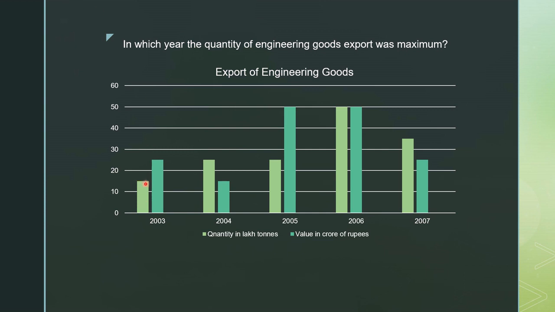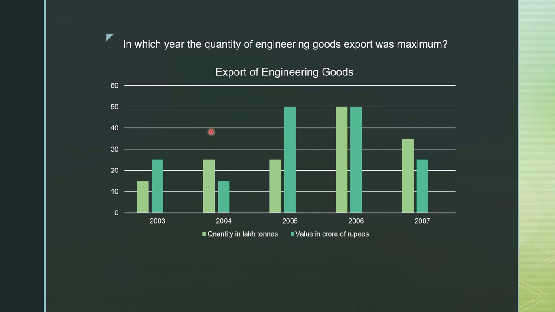In 2004 it is 25, in 2005 it is 25, in 2006 it is 50, and in 2007 it is 35. So this is the quantity in lakh tons for 2003 to 2007.